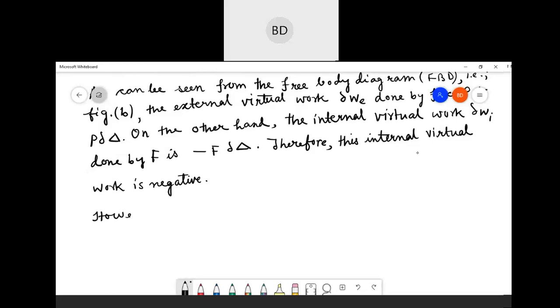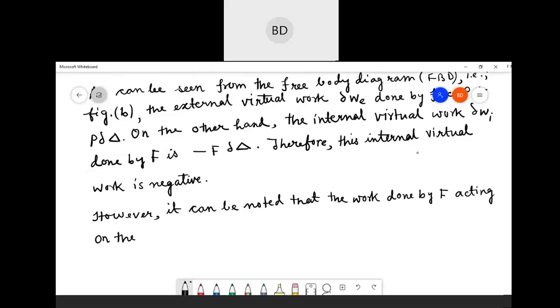However, it can be noted that the work done by F acting on the spring, as shown in figure A, has an opposite sign.